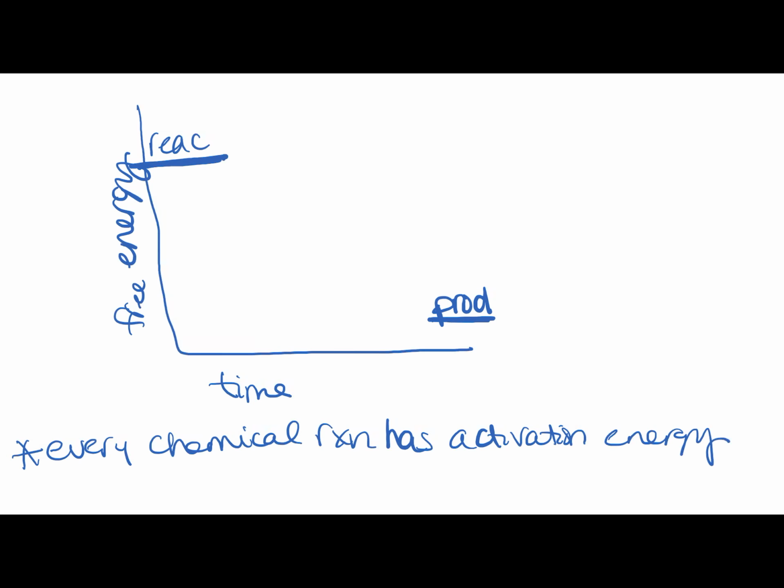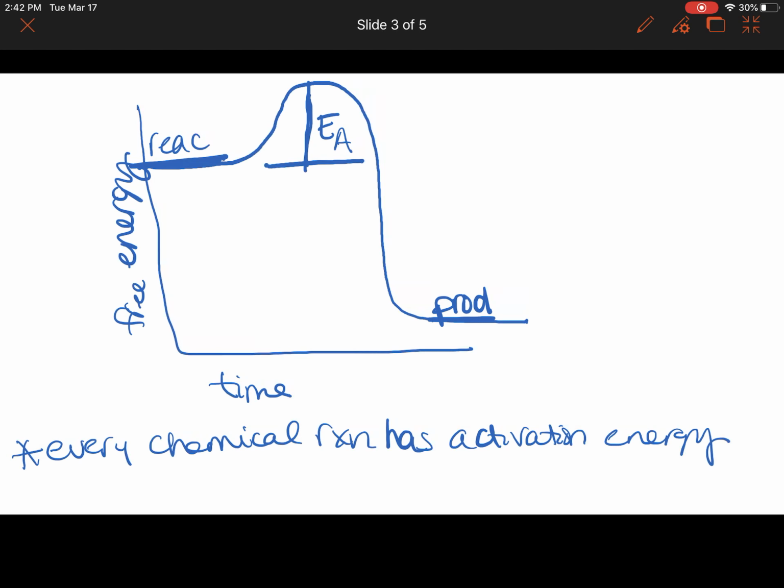So in this case, we're going to start with our reactants. We're going to have to put some energy in to get over that activation energy barrier, and then the rest of the reaction can proceed. So this energy right here, from where the reactant started up to the top of that hill, is your energy of activation. That's how much energy you have to put in to get the reaction to go.